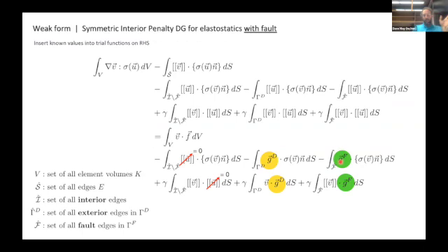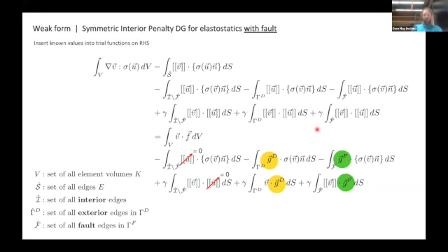And with that, you have now modified the classical symmetric interior penalty DG scheme that's expressed and written out in Beatrice Riviere's book, but now you've included very easily and simply the embedded discontinuity arising from a fault. Okay, so it's quite straightforward to include the jump condition associated with the fault in the formulation. You just have to break up the integral into one more set associated with the fault.